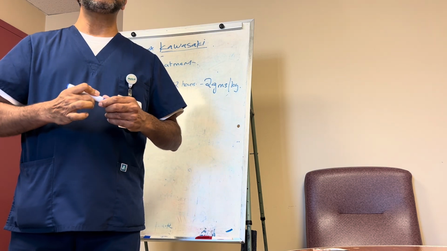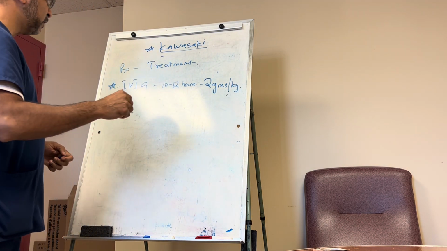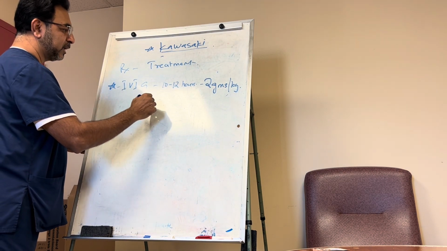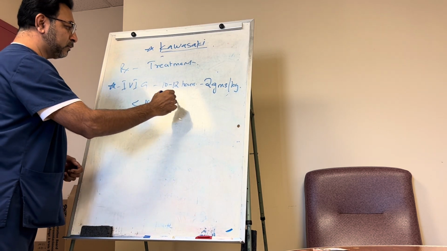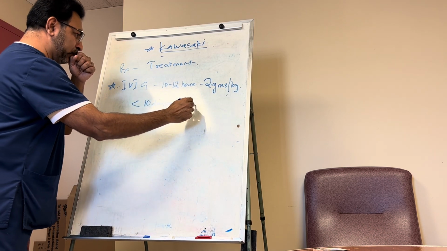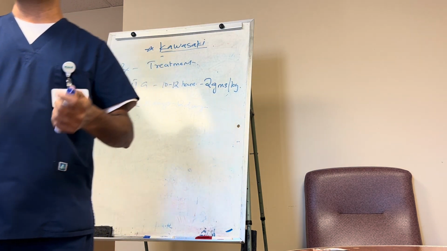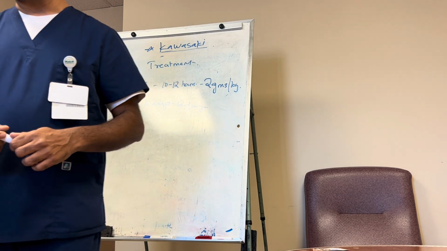So it's important to give IVIG. The best response is when it is given in the first 10 to 12 days of illness. So you get the best response when it's given earlier in the disease process.